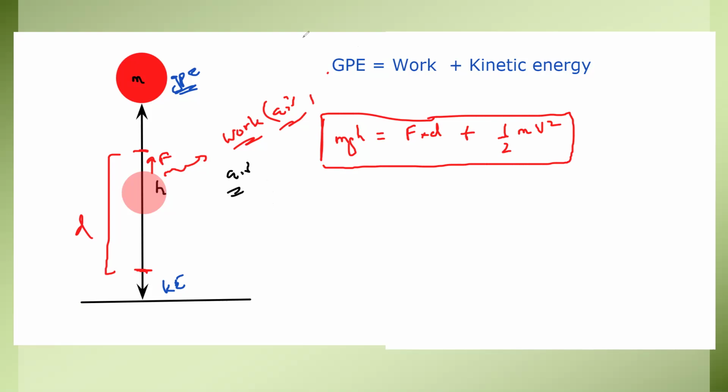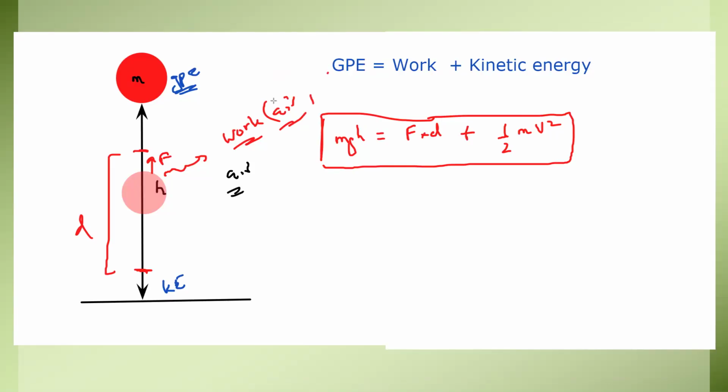Same way, on an inclined surface, if I change the motion, for example, this was the falling object, falling from the height h. But what if the object is launched vertically upward? Then the initial energy will be kinetic, and it will have gravitational potential energy at the top, and there will be some work done against the friction or the resistive force.